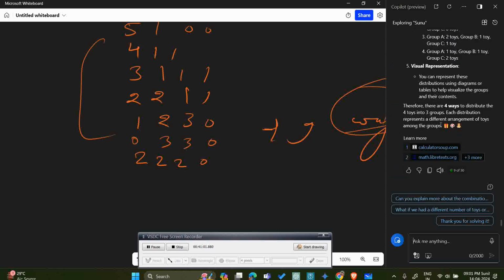Alright guys, that was not that easy and not that simple also. 4 factorial upon 4 factorial plus 4 factorial upon 3 factorial, 1 factorial, 4 factorial.